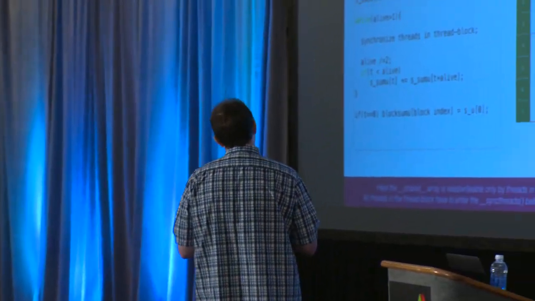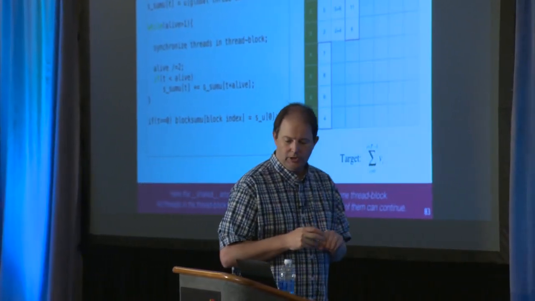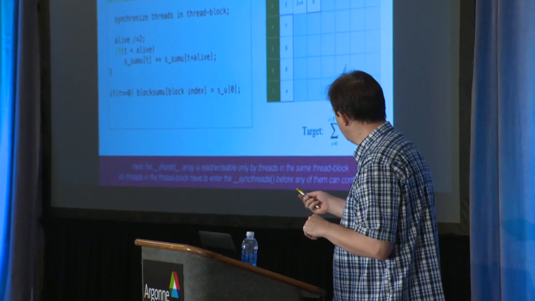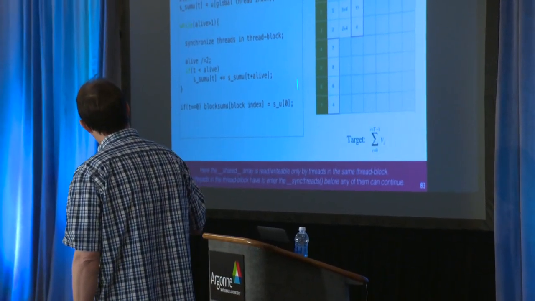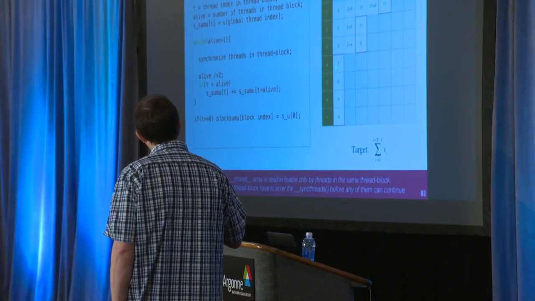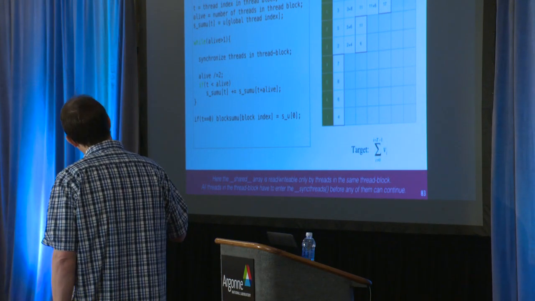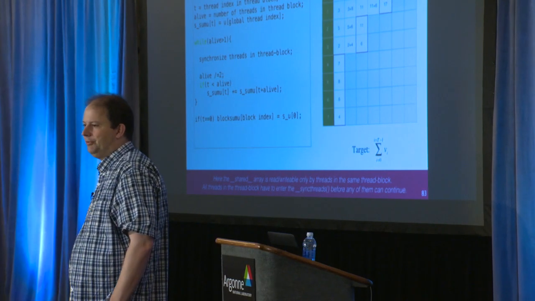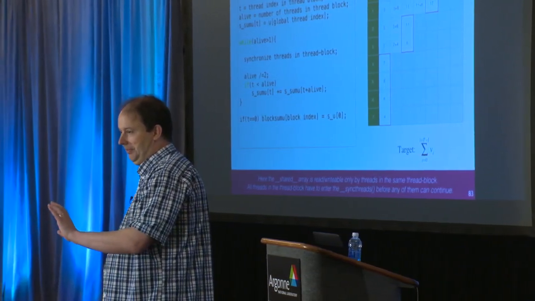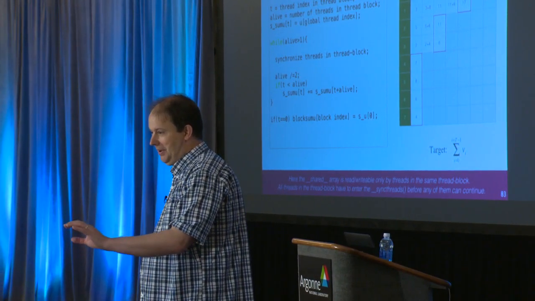And here's some simple code where I've tried to explain in pseudocode what's going to happen. We're going to start, in this case, by assuming there are 8 threads in a thread block. We'll get 8 of them to load up 1 value each, and then we get very aggressive. This is the walking threads.